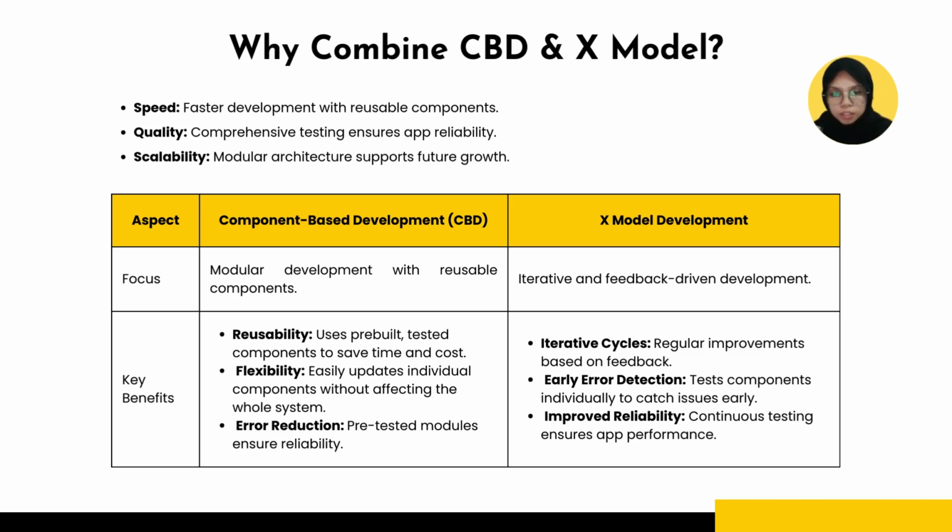The next one is the X model development. The X model is an interactive, feedback-driven development process. It emphasizes step-by-step testing and improvement to create a high quality and reliable app. The key benefits that we get from the X model include, first, interactive cycles: the app improves regularly through constant feedback.